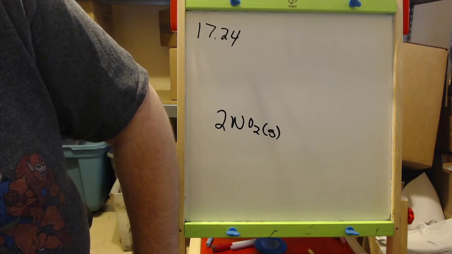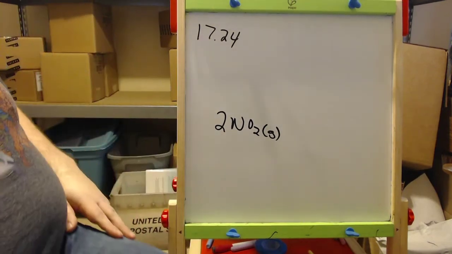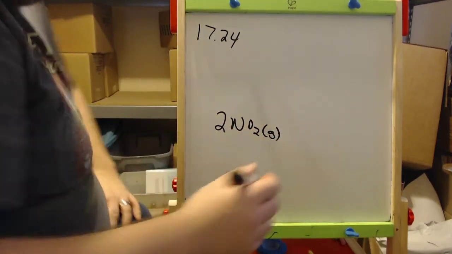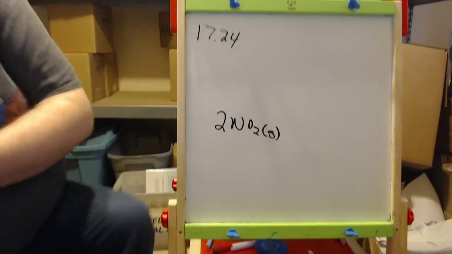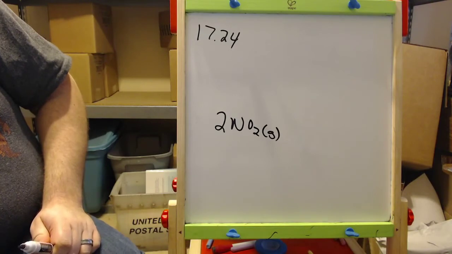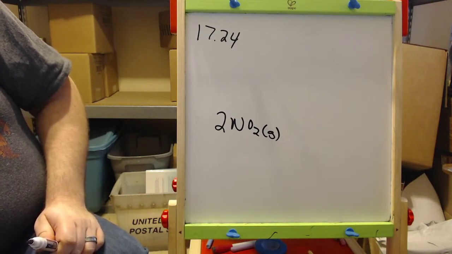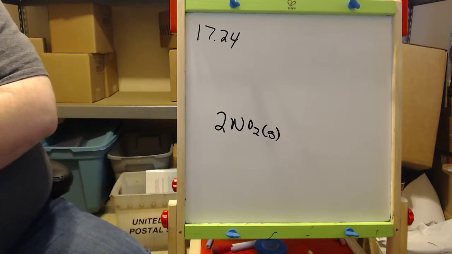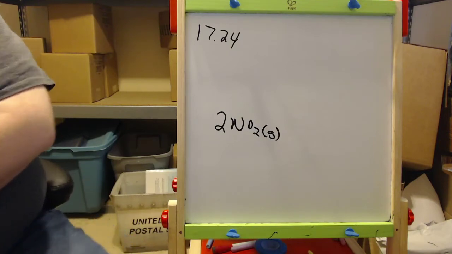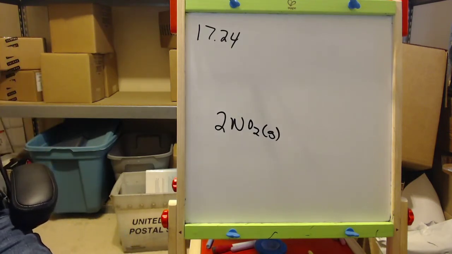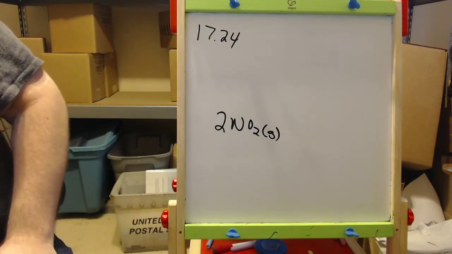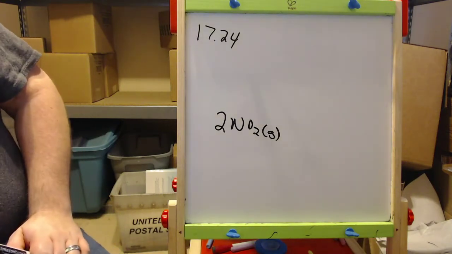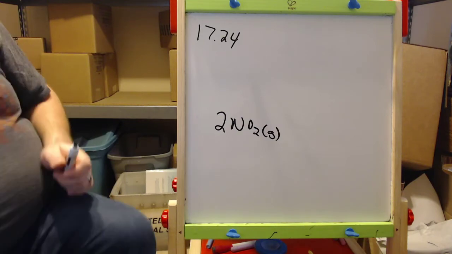So 2NO2 gas yields N2 plus 2O2 gas. All right, give me a second here.